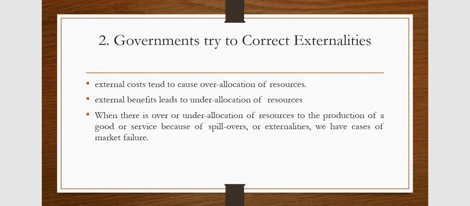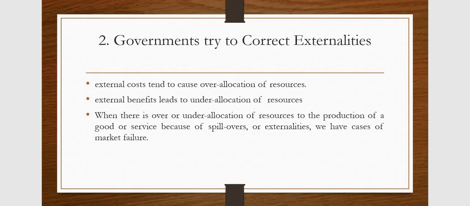Because if they were supposed to pay, at least they would minimize the production, because they are incurring that loss, and the price of that product would also increase because they would add the cost of the pollutants to the price of the product, right? And so consumers will buy less of that product because it has a high price.